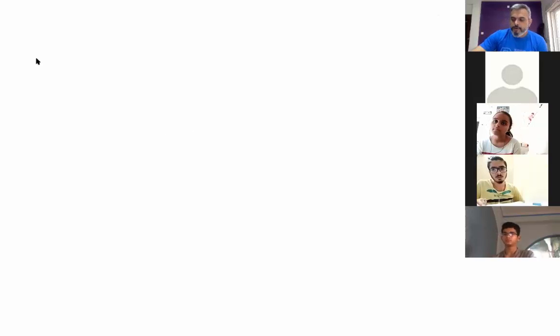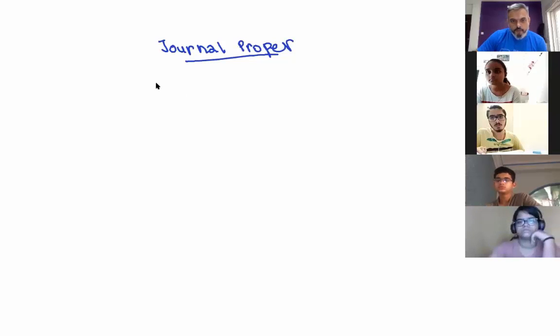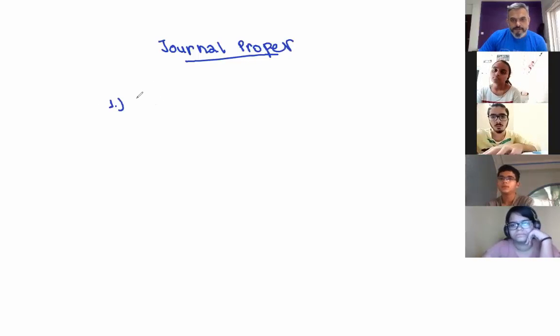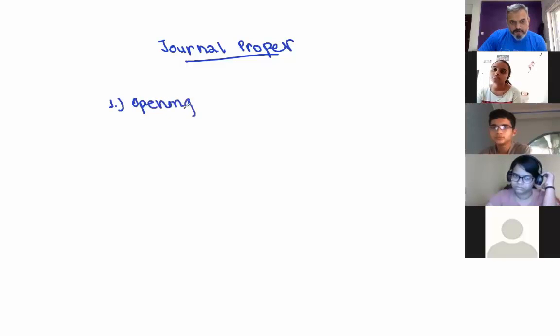But what specifically comes in journal proper is what we are going to see. Because of connection issue, the previous whiteboard got removed. So I'm writing once again. So in this chapter of journal proper, what exactly we are going to record. So this is how you can remember. We will be recording opening entries.